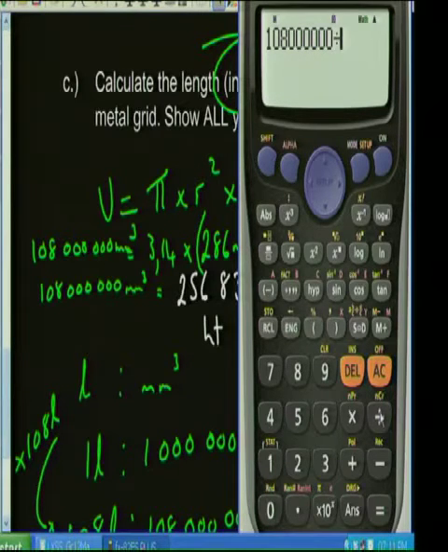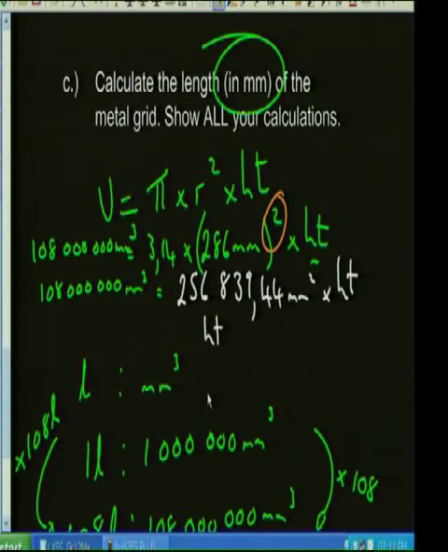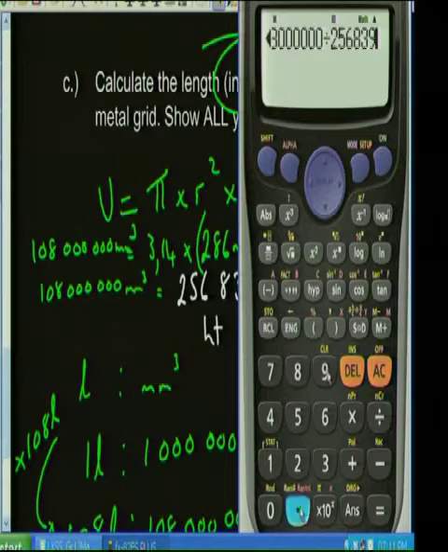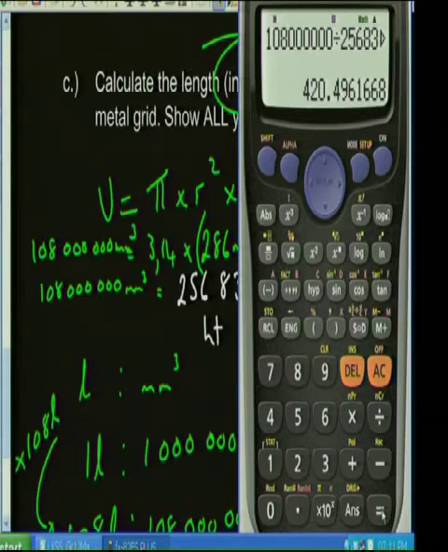We're dividing it by 256,839.44 millimeters squared equals, and I get an answer of 420,496, whatever. The question says round to the nearest millimeter.